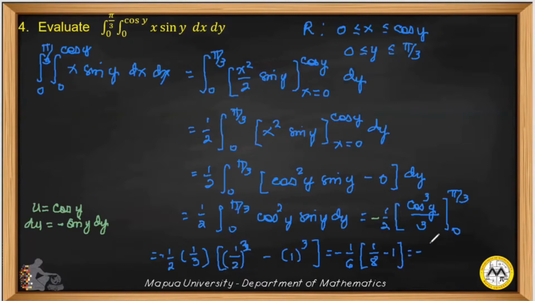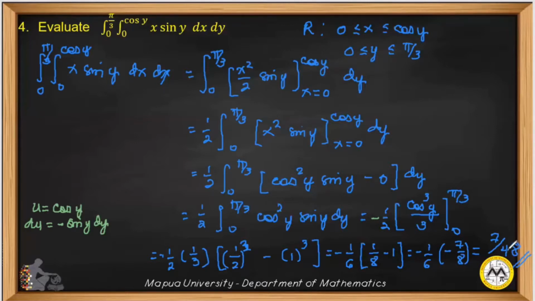Which will give us negative 1 over 6 times negative 7 over 8, and minus minus gives us positive. Therefore, the integral is positive 7 over 6 times 8, which is 48. So the double integral is equal to 7 over 48.